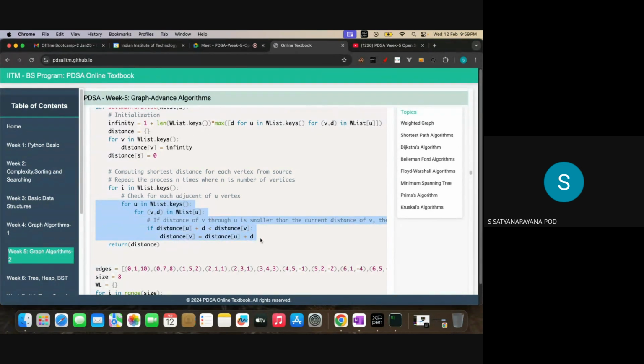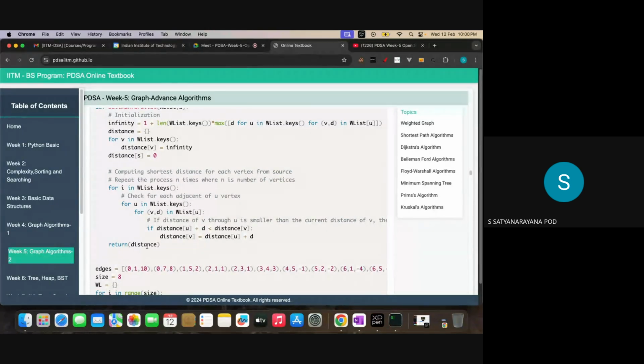We get a new distance value, and we check whether this distance and that distance are the same or not. If they are not the same, we simply say the graph contains negative cycles, so Bellman-Ford can detect negative cycles.